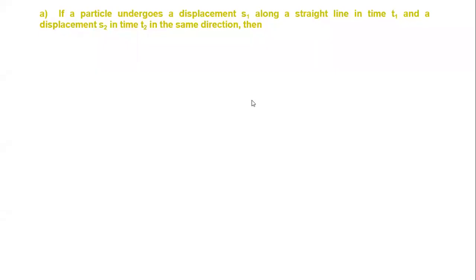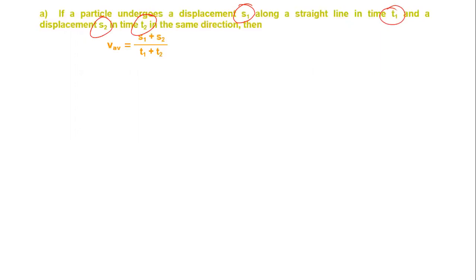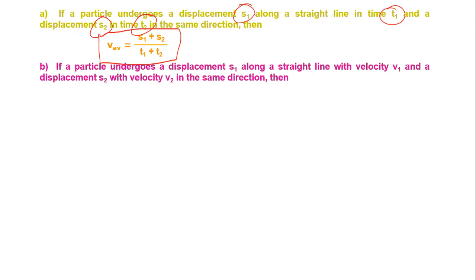Now remember some cases. If a particle undergoes a displacement s1 along a straight line in time t1 and displacement s2 in time t2 in the same direction, then average velocity is (s1 plus s2) divided by (t1 plus t2), similar to the average speed.